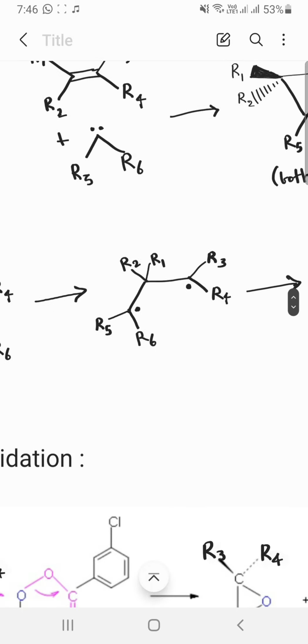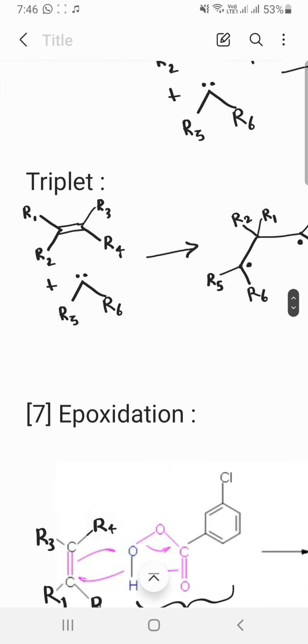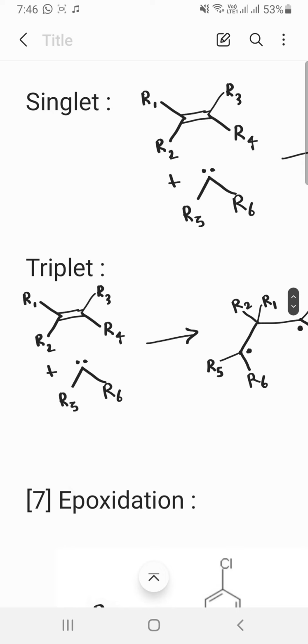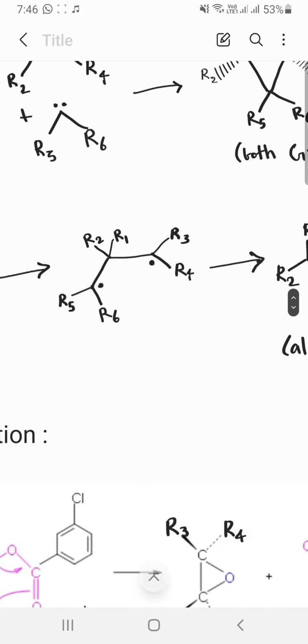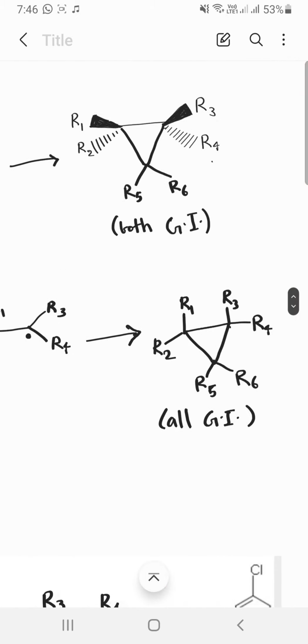So what that means is that when it adds, it cannot add right away by donating a lone pair or accepting a lone pair. No, it needs to do it as a radical basically. So it first uses one of the electrons in one of the orbitals to form one bond, and then forms the other bond over there.